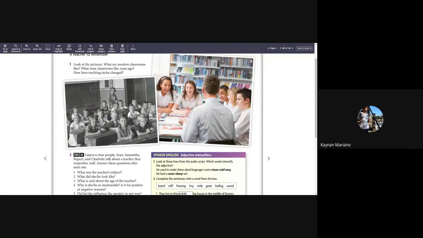I think that the characteristic of classrooms of the modern days is the technology. The way that people learn has changed. The environment, the class has changed.